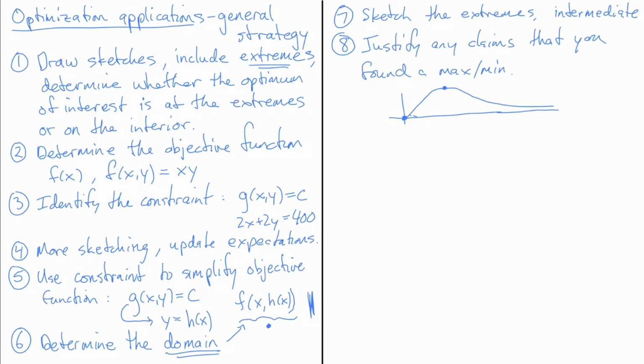How do you justify the claim that it's a global max? You're not guaranteed, so you may just have to say a few words about how off at infinity it tapers off to 0. So you maybe want to say something about the limit of your objective function as x gets large or something like that.